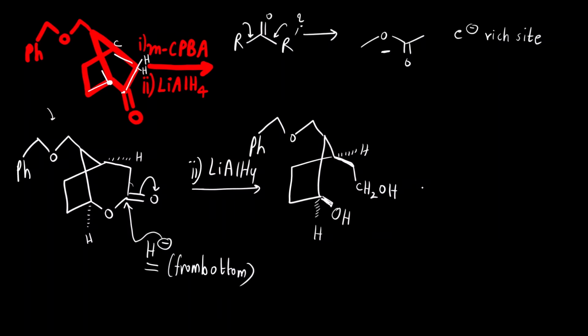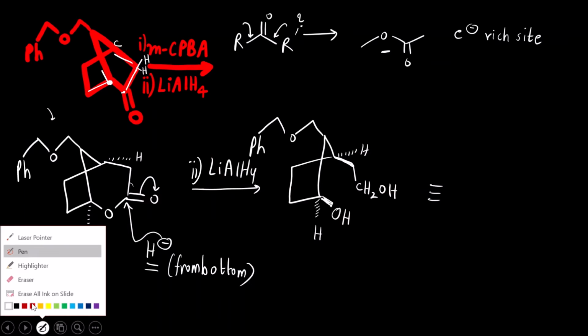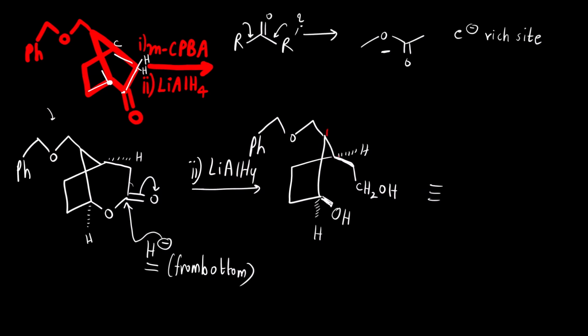Now if I want to write it in the normal wedge-dash configuration, here you can see there's 1, 2, 3, 4 and 5, so there will be a 5-membered ring. OH is above the plane. Then with respect to this OH, the bridge will be below the plane, on the opposite side.